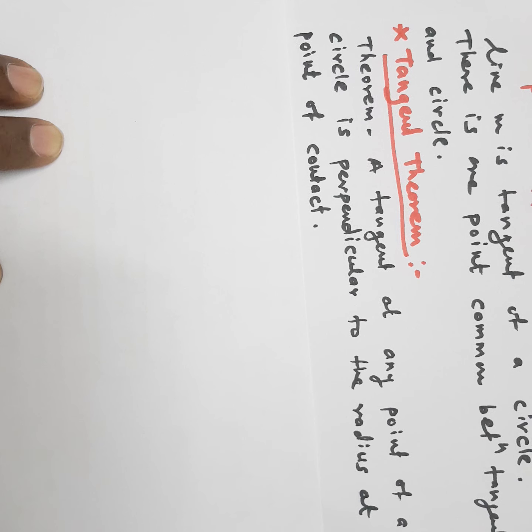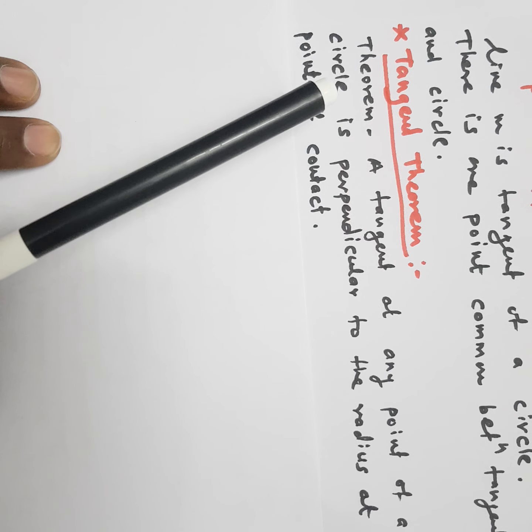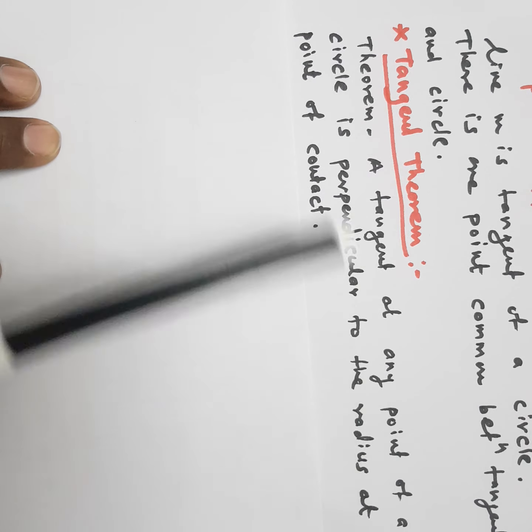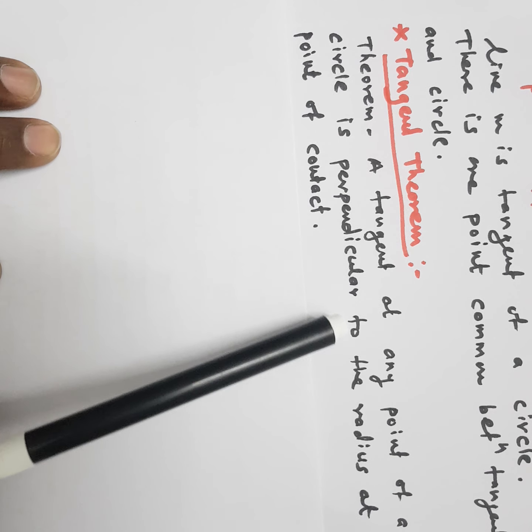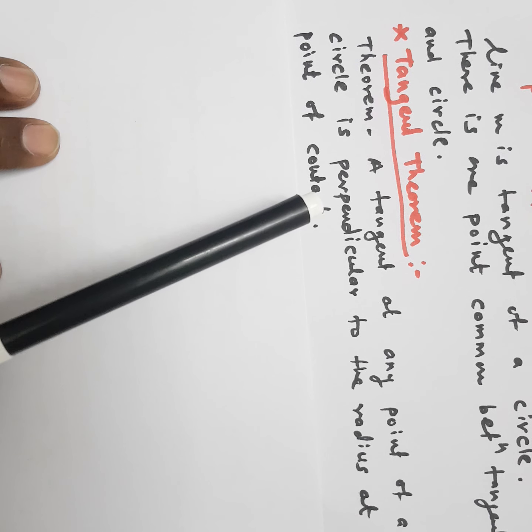Now we will see one of the important properties of a tangent, that is the tangent theorem. What is the tangent theorem? A tangent at any point of a circle is perpendicular to the radius at the point of contact.